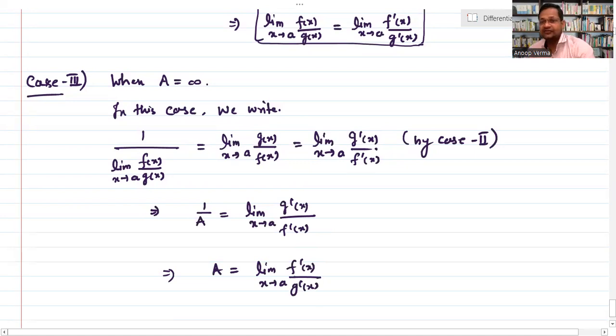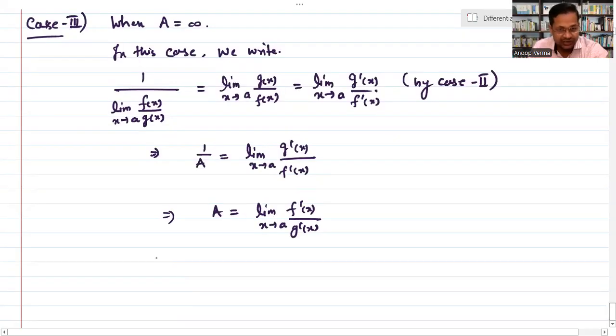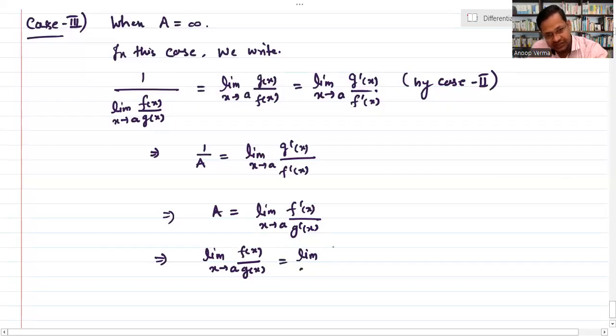So if the limit value is infinity also, that is also okay, and we can apply the L'Hospital rule, the derivative. Okay, so this is, you can say, limit x tending to a of f(x) upon g(x) is just equal to limit x tending to a of f dash x divided by g dash x.